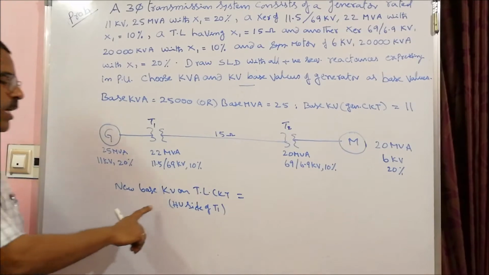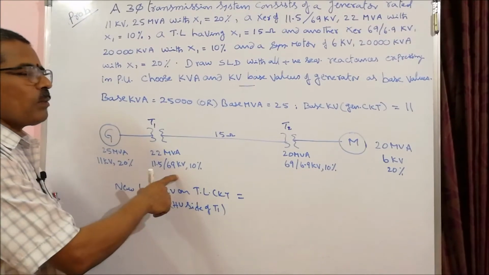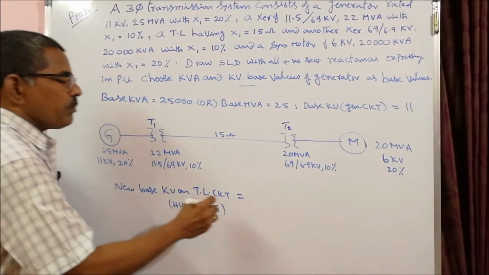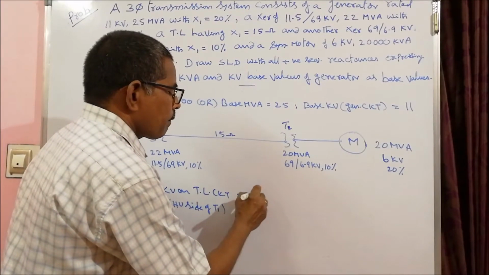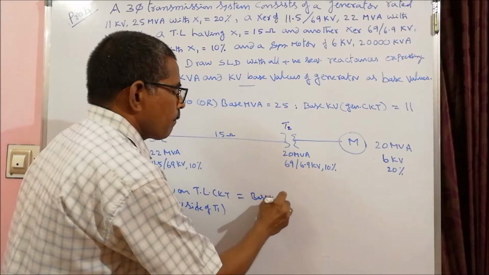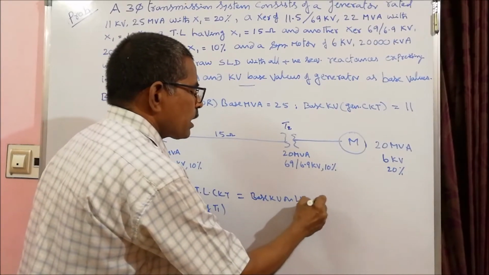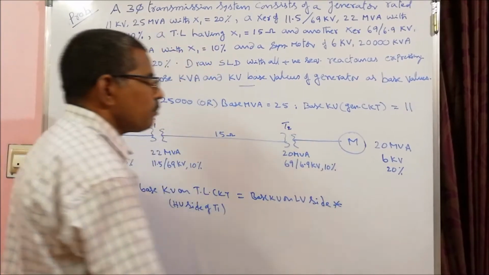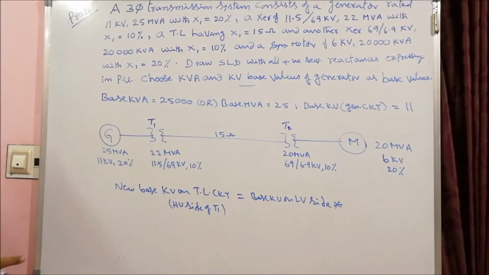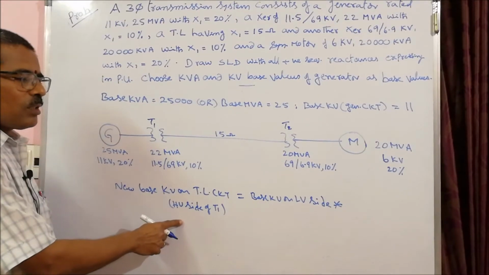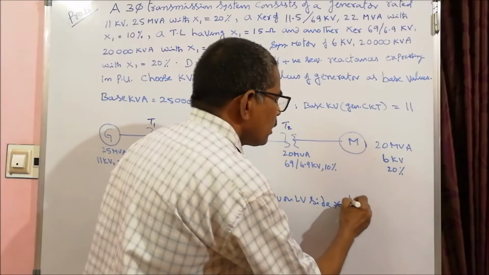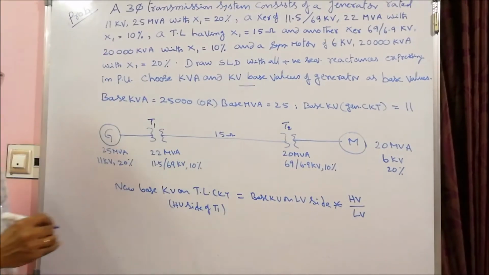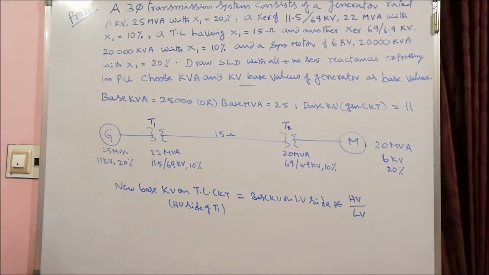So we want the new base kV on the HV of T1, that is the base kV on the LV side multiplied by, as you want the HV side, HV by LV you need to write. Calculate how much it comes.